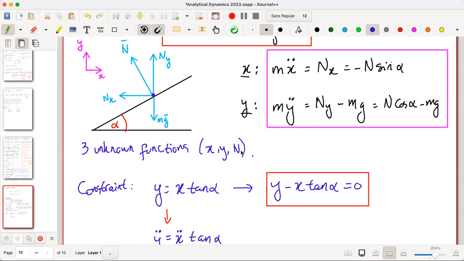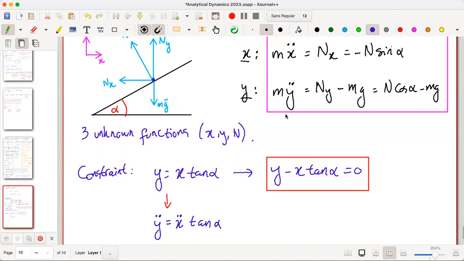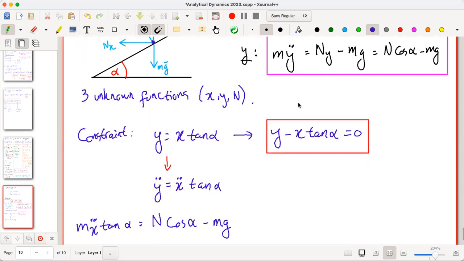Now what do I do? I can put this constraint into the second equation. So I have m times x double dot tangent alpha, and this is just n cos alpha minus mg. And I can use the first equation to substitute for n.